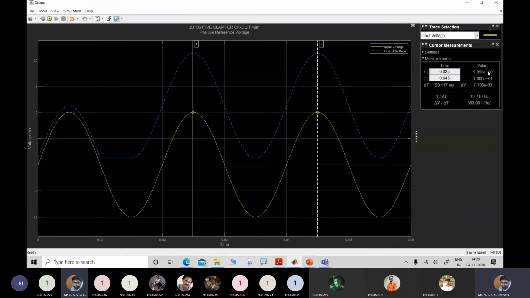Around 10 volts, right? It's a positive peak in the input voltage, 10 volts. Whereas in the output voltage, change it to output, I'm getting around 21.25 something. Because of the placement, small error might be there. So it is around 21.3 volts. So I have only increased the voltage by 11.3 volts instead of 12 volts. Close this now.